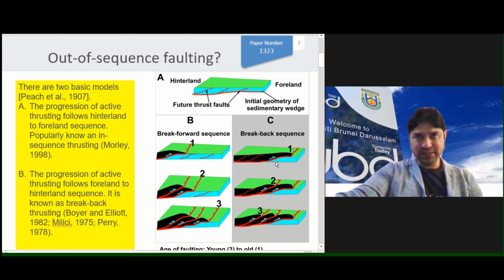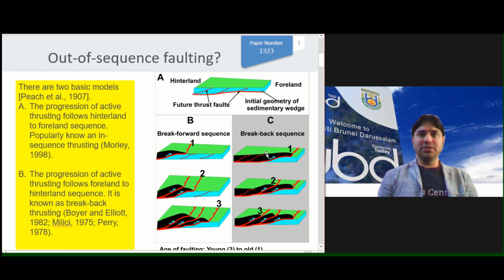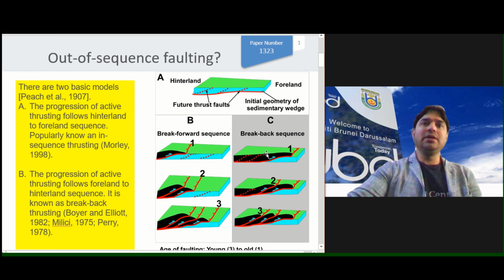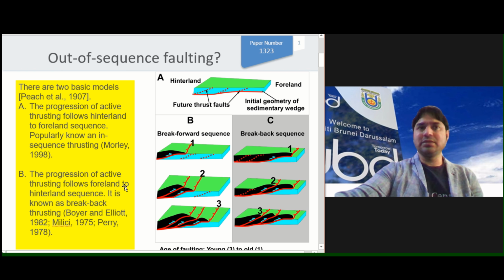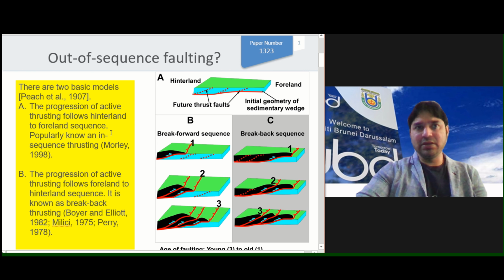In other words, this is hinterland younging of the faults. So you can call this out of sequence because it is not in the so-called sequence. These are the two models that were proposed, and the progression of active thrusting follows the hinterland to foreland sequence, popularly known as in-sequence thrusting.